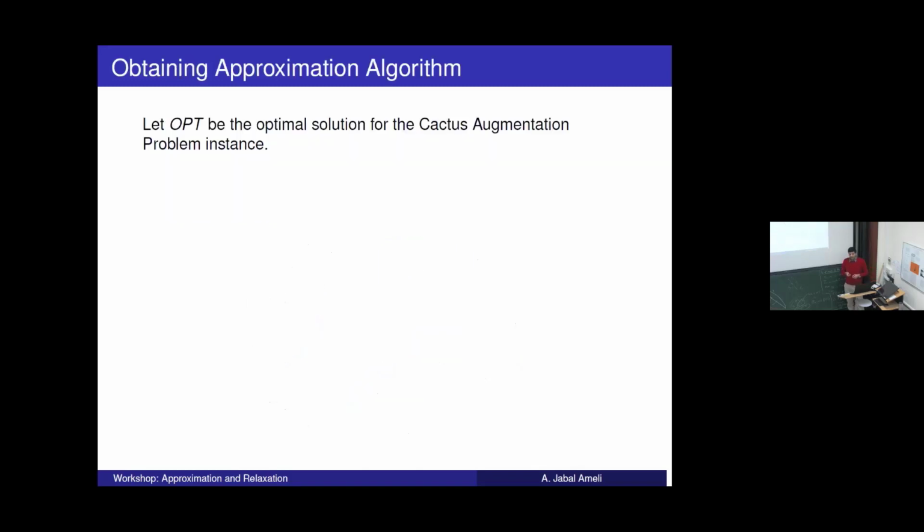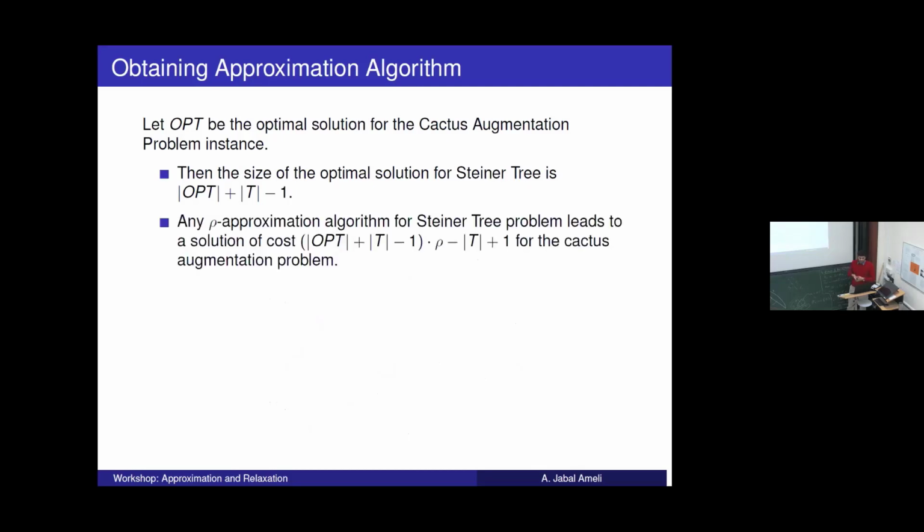So now we basically have all the ingredients we need to come up with the approximation algorithm. Assume that OPT is the optimal solution for the cycle augmentation problem. Then the size of the optimal solution for the Steiner tree instance would be OPT plus size of T minus 1.